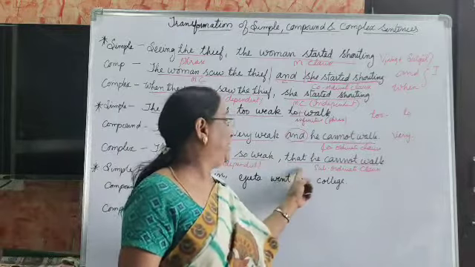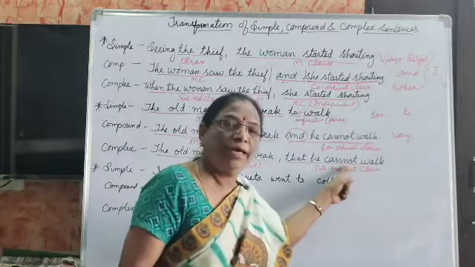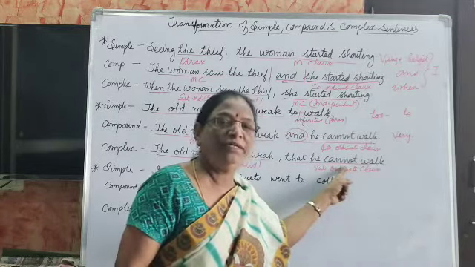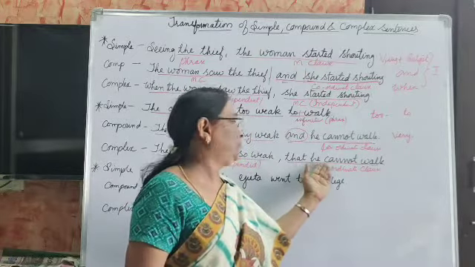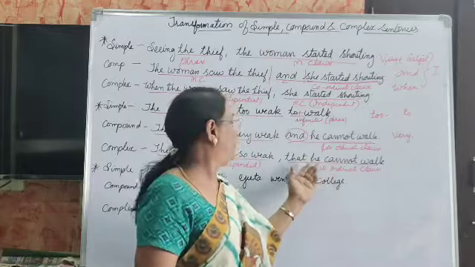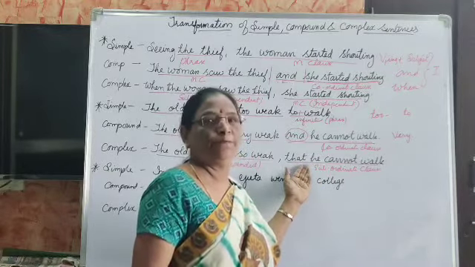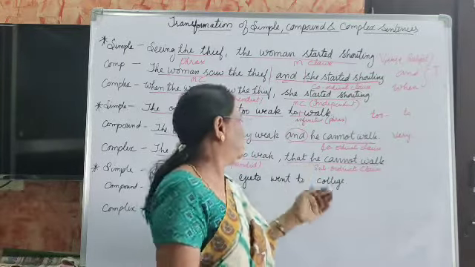Whereas when we read "that he cannot walk," you are waiting for me to complete the sentence, isn't it? It is not the total sentence. It does not give any full meaning. So it is dependent. That's why it is dependent.